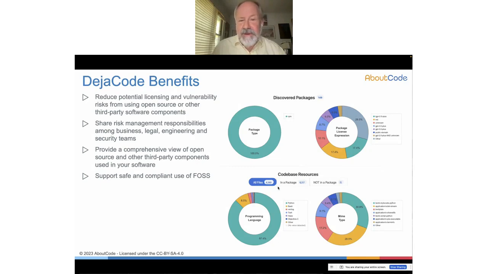DejaCode provides you with a very comprehensive license library with curated data. We'll be looking at some of that, and it also gives you the ability to connect with all the software packages that you use and to scan them and to get the information that's important to you for using them in your products.